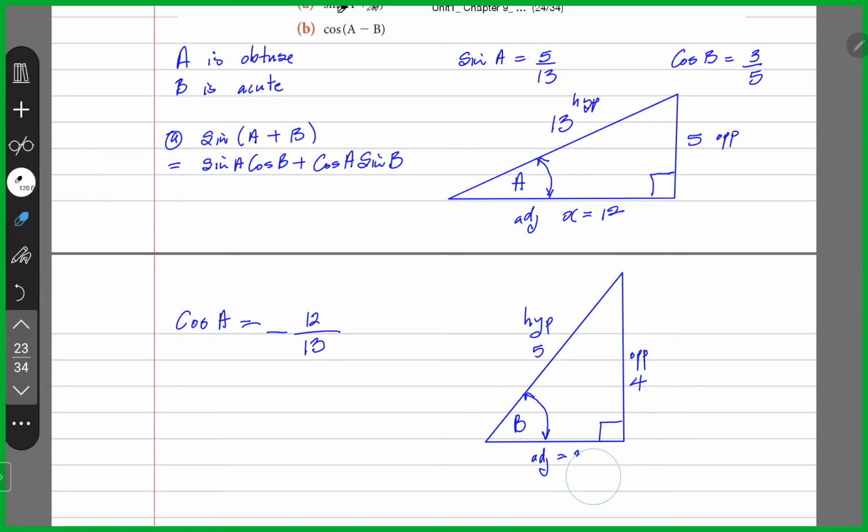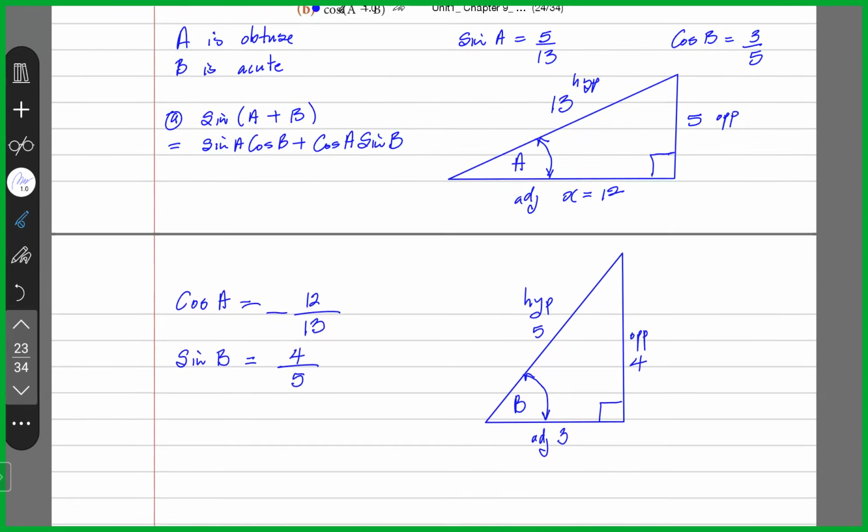So from this now, I can say that the sine of B is equal to opposite, which is 4, over the hypotenuse, which is 5. Now, since B is acute, the sine, cosine, and tangent of every acute angle is positive, so the sine of B must also be positive.